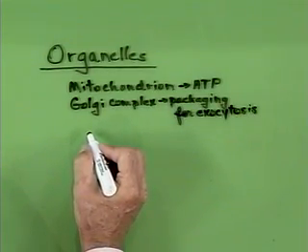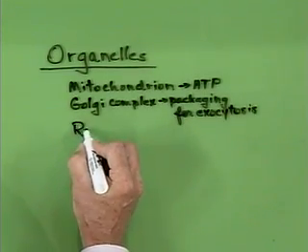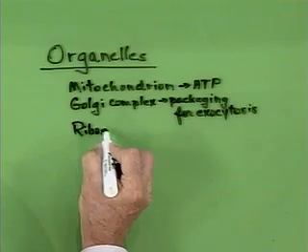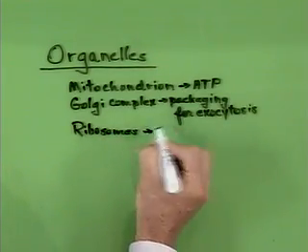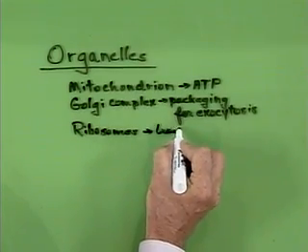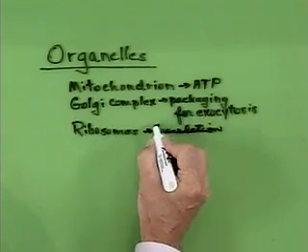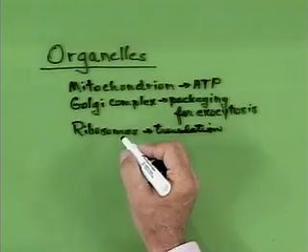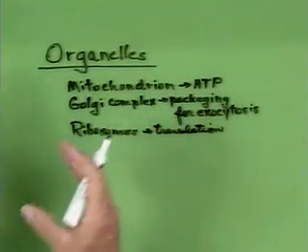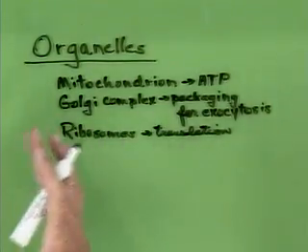Another organelle. Hazel? Ribosomes for protein synthesis. All right. Involved in translation, which we said was protein synthesis. Now, it's interesting that some of the ribosomes present in the cytoplasm, when they're involved in protein synthesis, are actually floating freely within the cytoplasm.